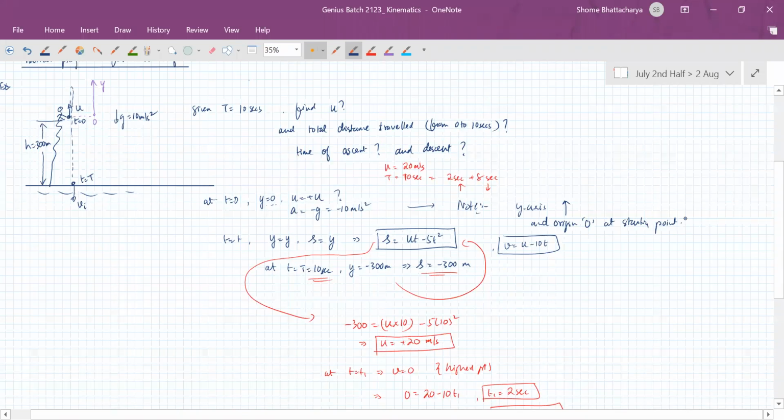Now, there are some variations I can use of this also, which I'll discuss. Okay, but it's very important to understand what I've taken as the reference frame, so that you understand how I've substituted the displacement as minus 300 at the time of 10 seconds. Sign convention thing is very important. Okay.